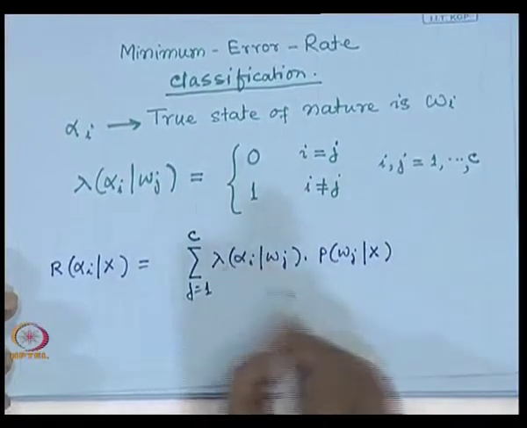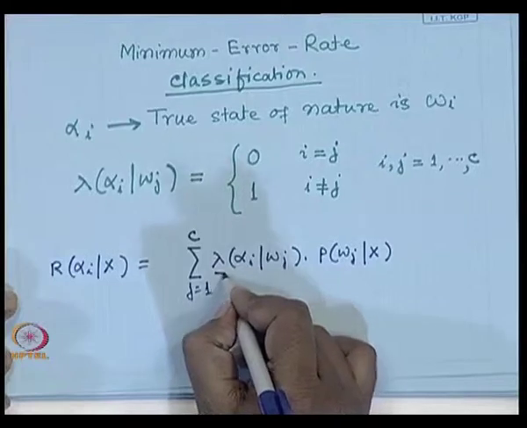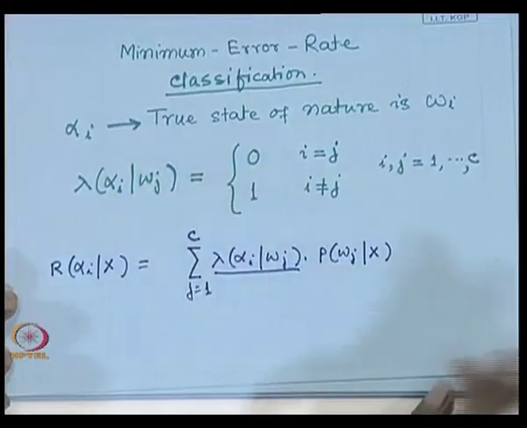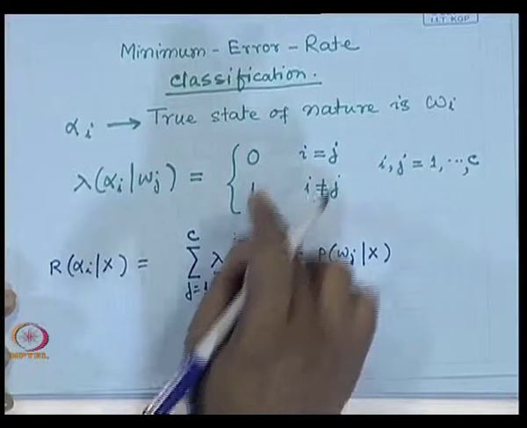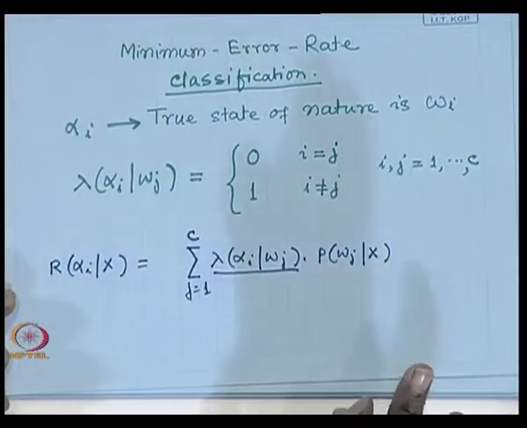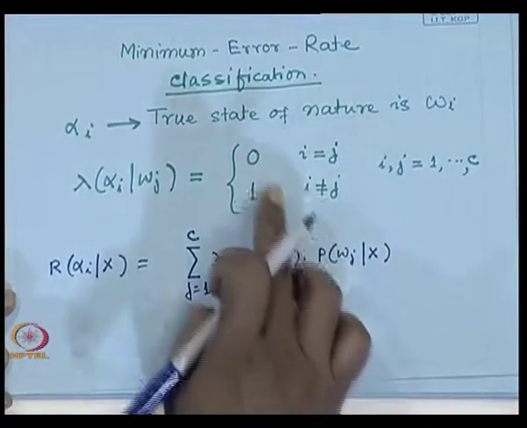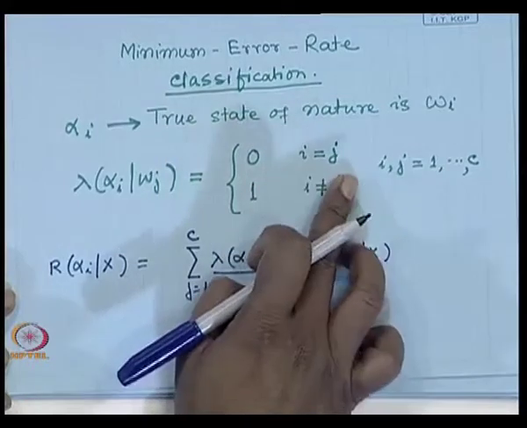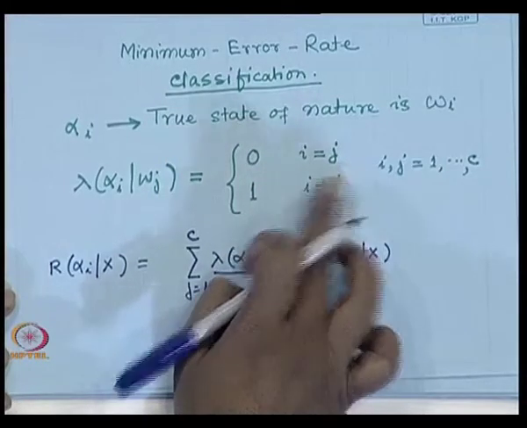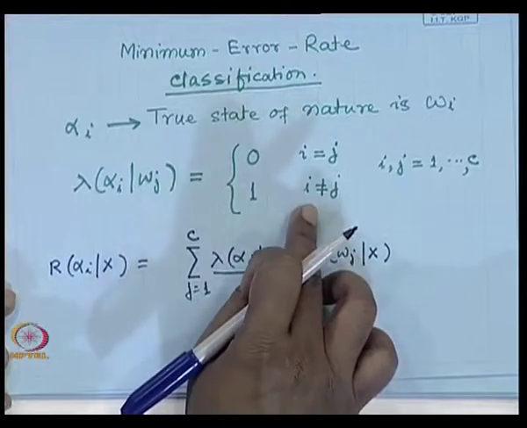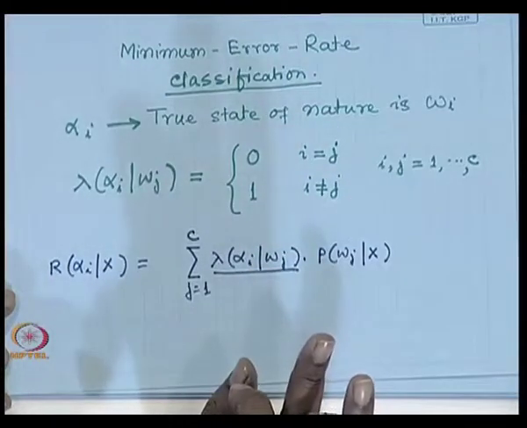So, over here you find that what is the nature of this lambda alpha I given omega j. This is either equal to 0 or equal to 1, right. It is equal to 0 whenever I is equal to j, and it is equal to 1 whenever I is not equal to j.